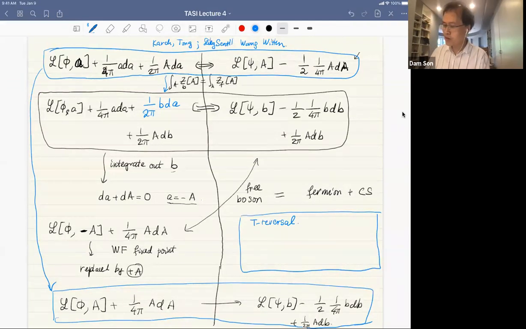We get two more equations; time reversal flips signs of the Chern-Simons terms, like ADA, ADA, ADA. I'm not going to write them down, but we have four. In this way, you get four different dualities. Any question?